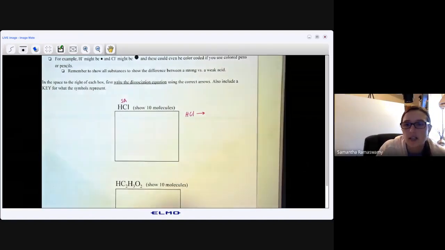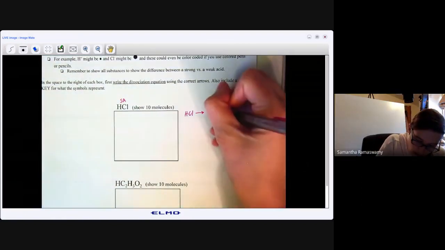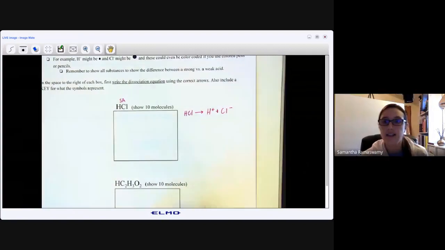Now, could you write HCl plus H2O? Yes. Or you can simplify it and just do HCl, single arrow, with the ions. Either way works. Because it's a strong acid, it completely ionizes into H plus and Cl minus.